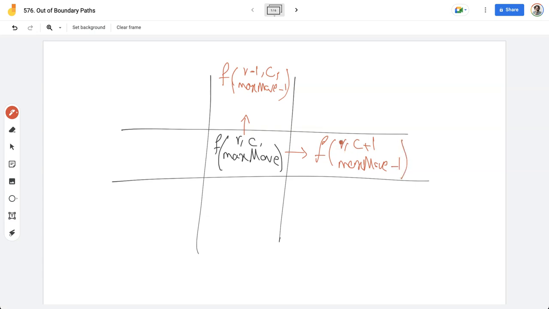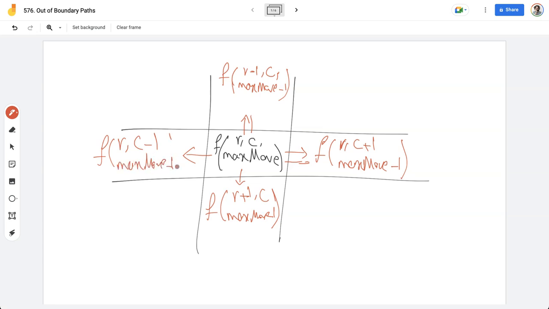We are moving in one direction and decreasing the max move by 1 because we just made a move. And so on: f of R plus 1, C, and max move minus 1, and f of R, C minus 1, and max move minus 1. Great, we found the recursive formula.